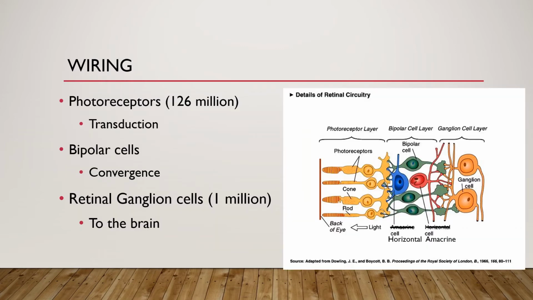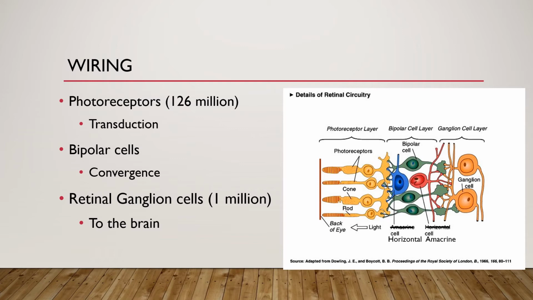The rods and the cones also differ in their wiring to the brain. So I'm going to be talking about that for a little bit, but you can see this kind of wiring, and I do compare it to some electrical circuits. In each eye, we have 126 million photoreceptors. They are doing the job of transduction.